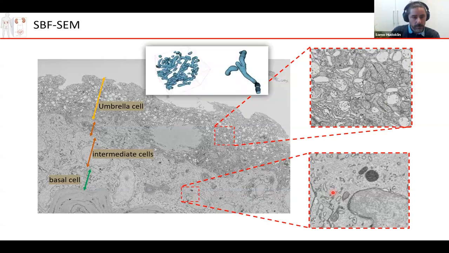This is still work in progress, but we actually find that there are many interesting features within mitochondria in those cells, like branchings, narrowing, and other aspects that could be of biological significance, or let's say contact sites between ER and mitochondria.